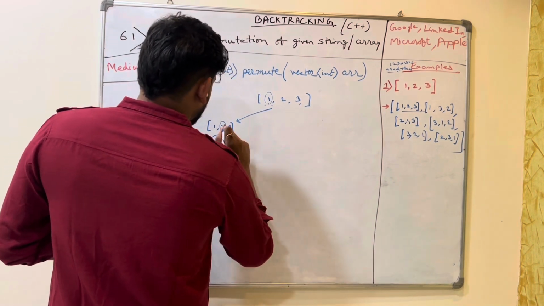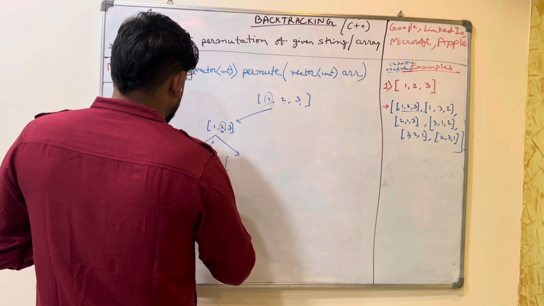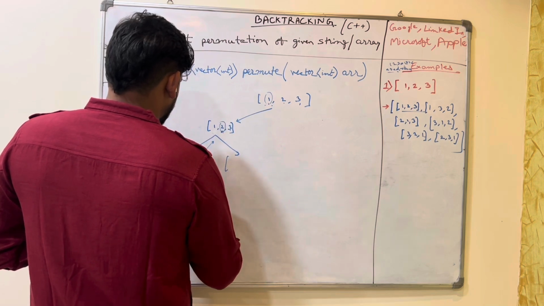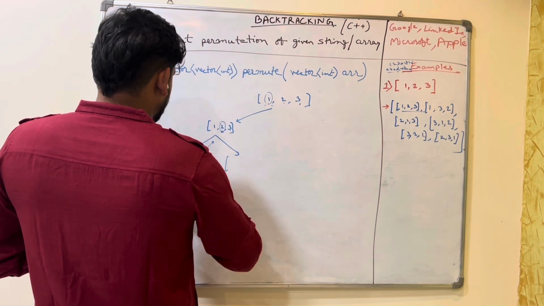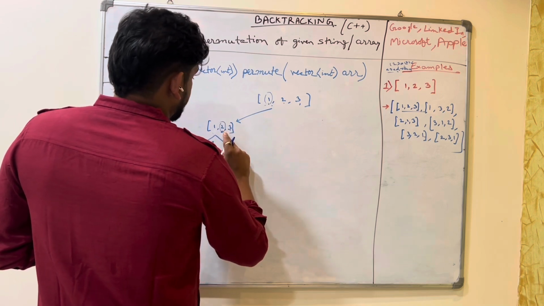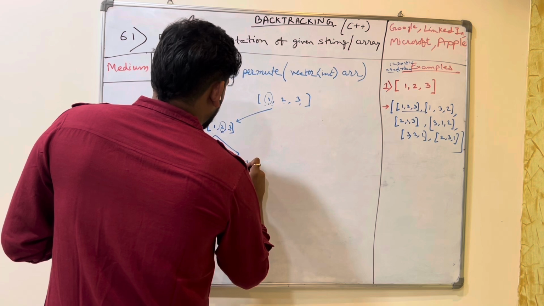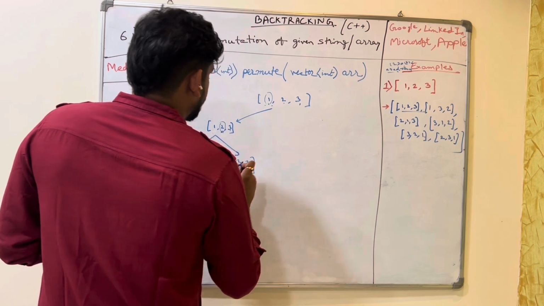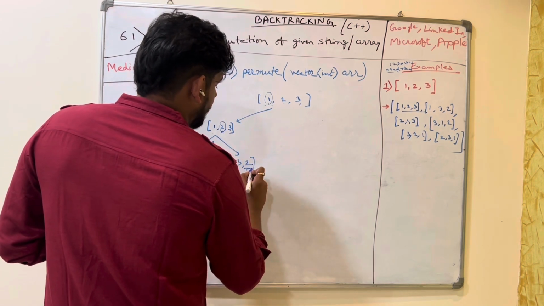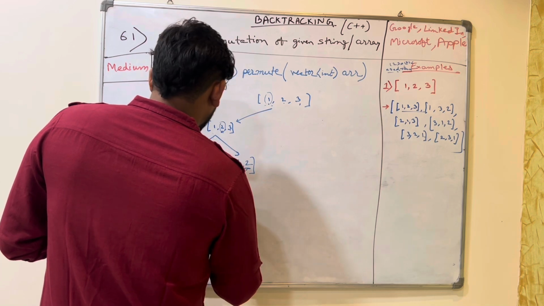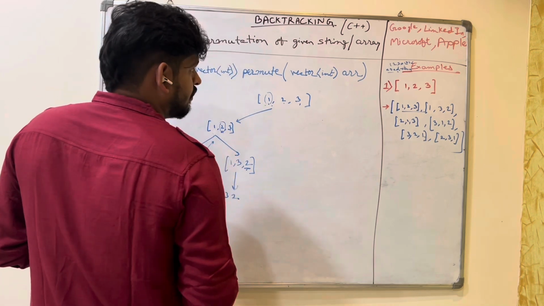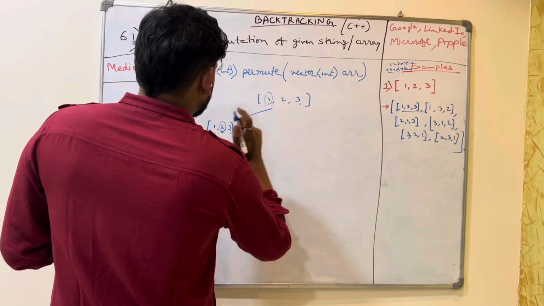So this 2 was swapped with 2 and we got this result, and then 3 was swapped with 3, so we got this result. Now this is done, we go here, 2 was swapped with 2, now 2 will be swapped with 3. So when 2 is swapped with 3, we get 1 comma 3 comma 2. Now we need to swap further, but there are no other elements after this to swap, so we get another value as 1 3 2. Okay, so this is done.